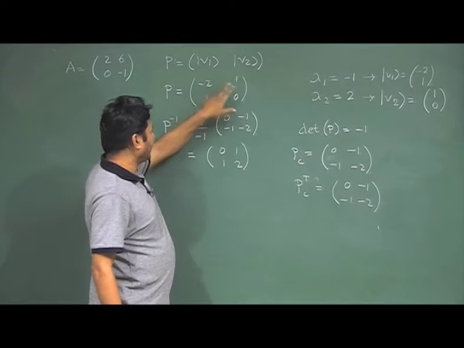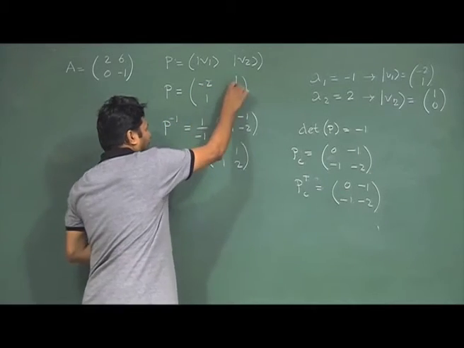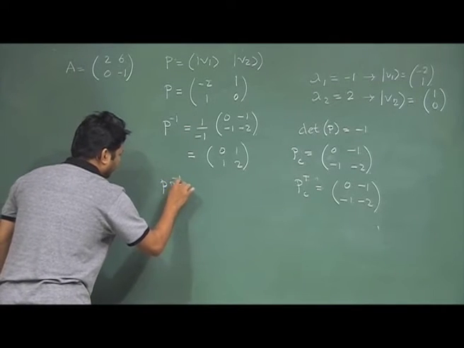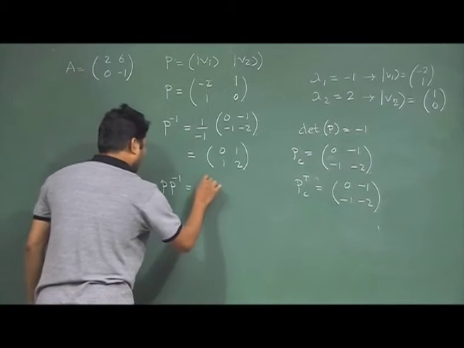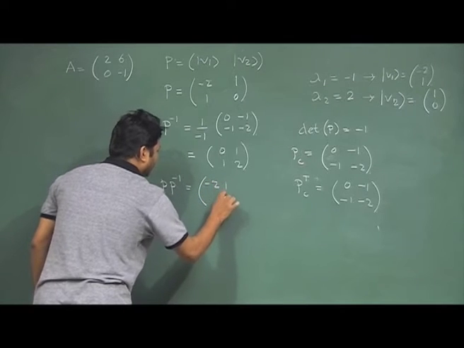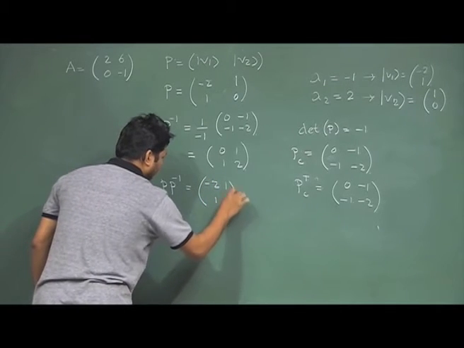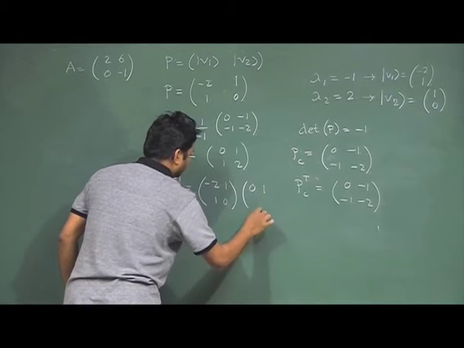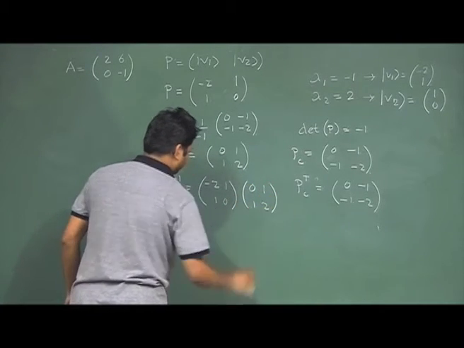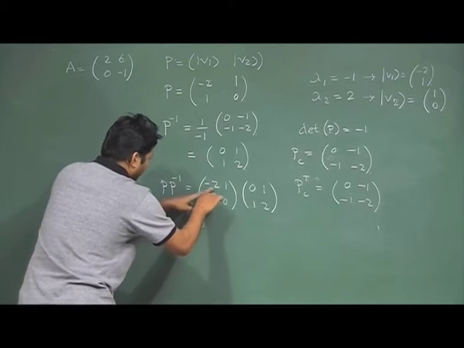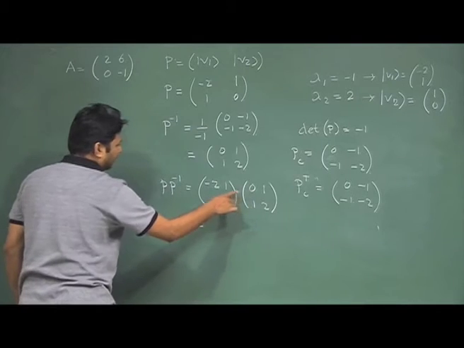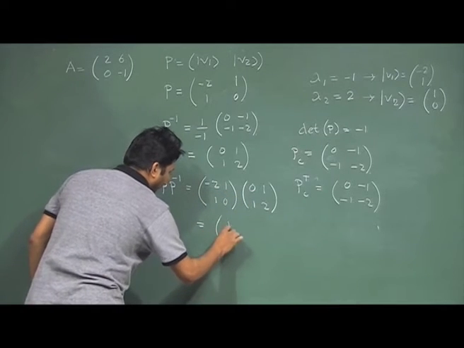So, first I will check P inverse times P. P is minus 2 1 1 0 and P inverse is 0 1 1 2. 2 into 0 minus 2 into 0, 1 into 1, so I have 1 here.